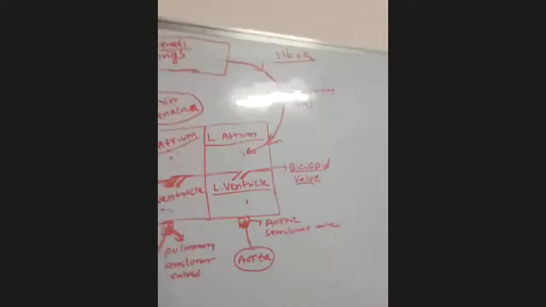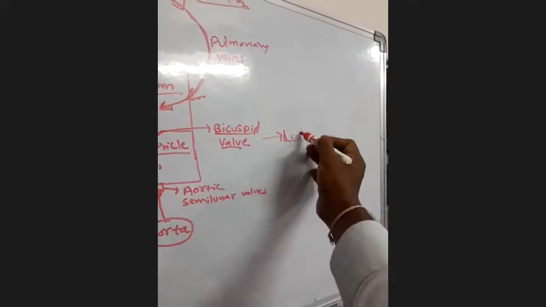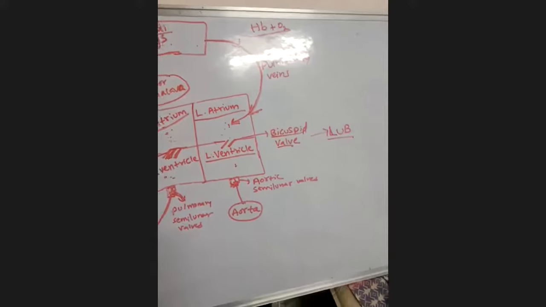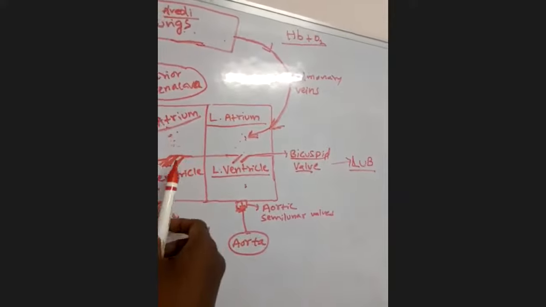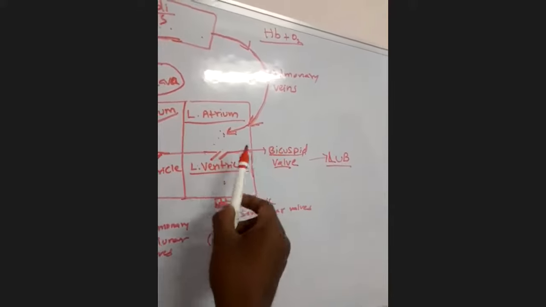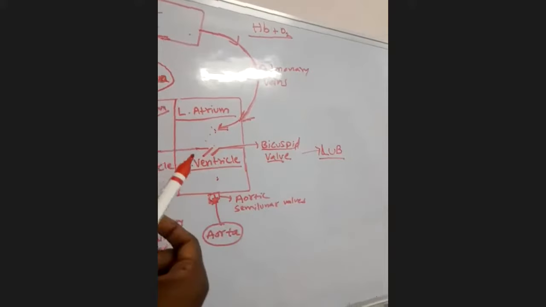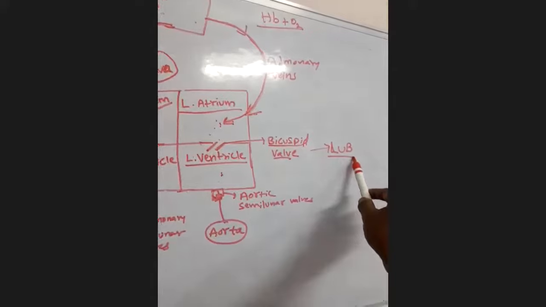That is the sound we hear: lub. The heartbeat is what? Lub dub. So the tricuspid valve and bicuspid valve are closing very fast, and at that time the sound we hear is lub, right?